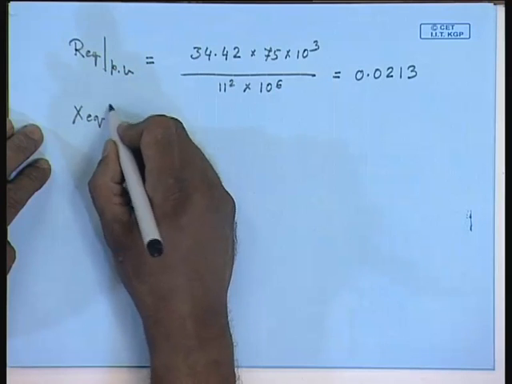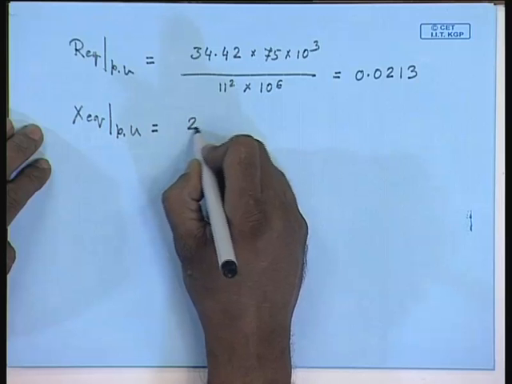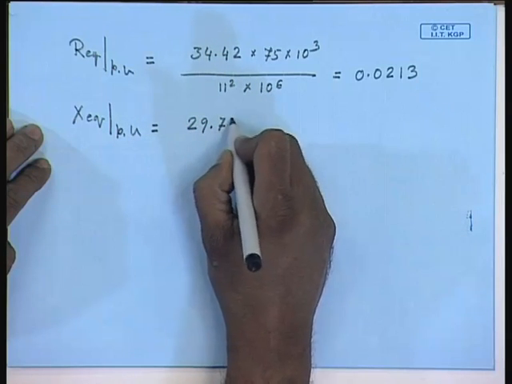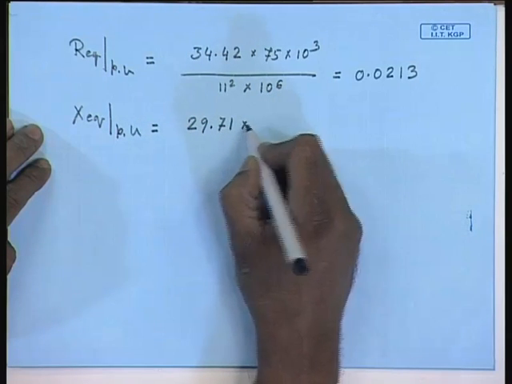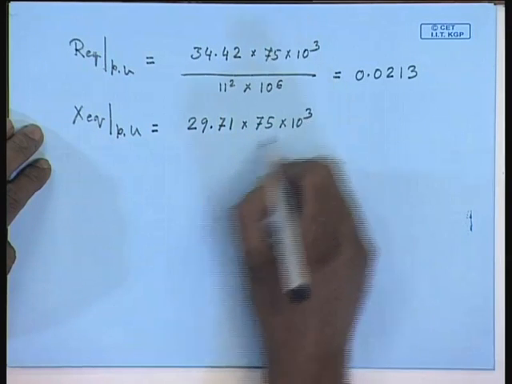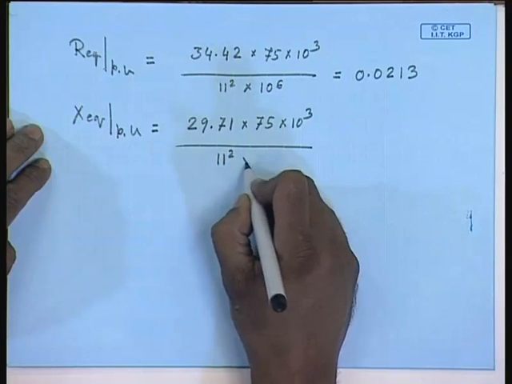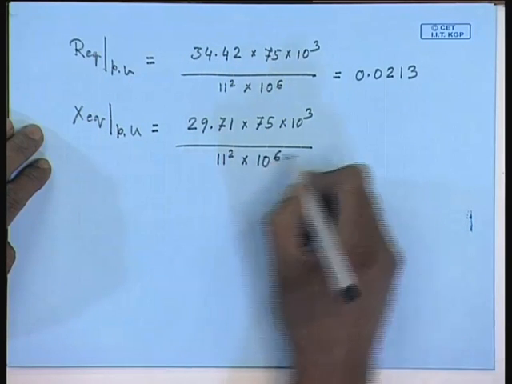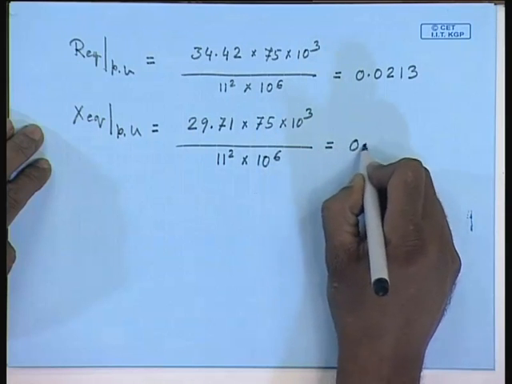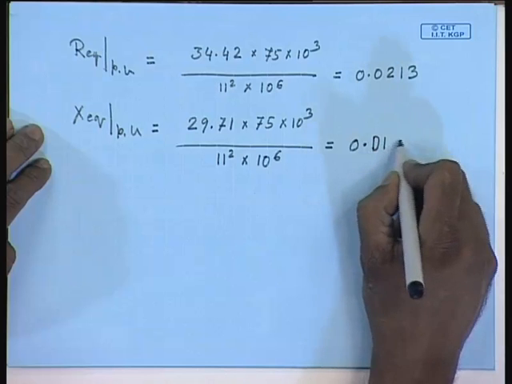Xeq per unit equal to 29.71 into kVA base, it is 75 kVA divided by 11 kV square, which is 0.0184.